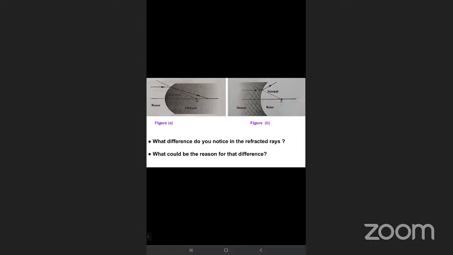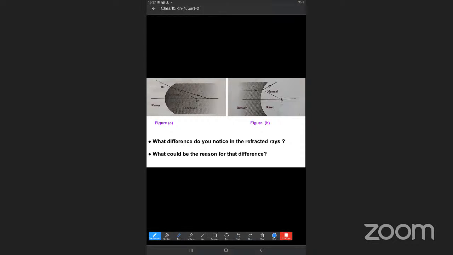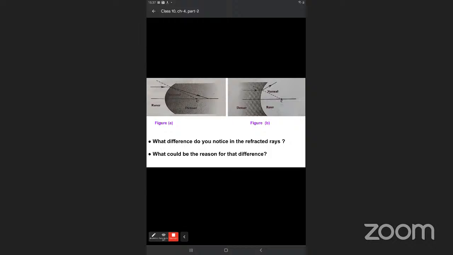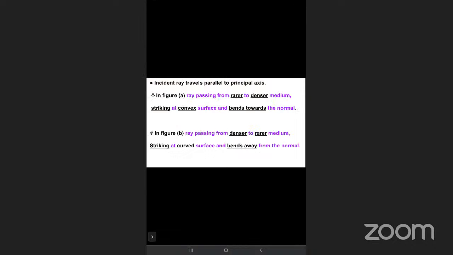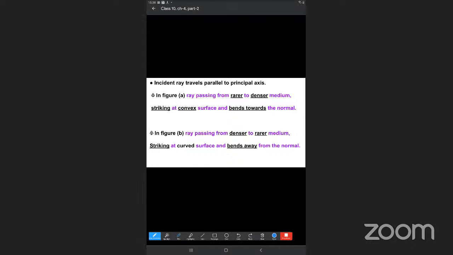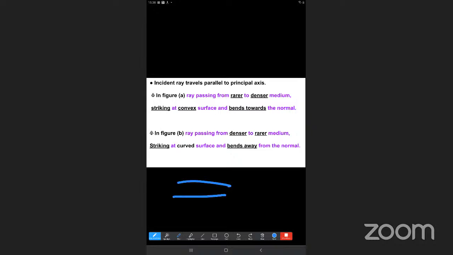So here, what difference do you notice in these refracted rays in figure A and figure B? What could be the reason for that difference? So here, the incident ray travels parallel to the principal axis.